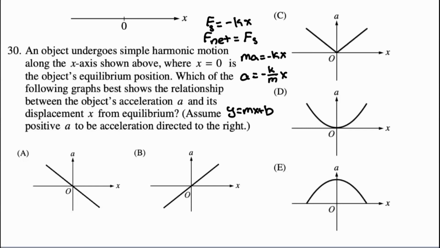So we can immediately eliminate C, D, and E. C is an absolute value function, and both D and E are parabolas. And I want to look at the slope. The slope of the acceleration function is negative k over m. So k is a positive constant, and mass is always positive. So the slope is negative. It's going to have a negative slope the whole way down, and that aligns with graph A.